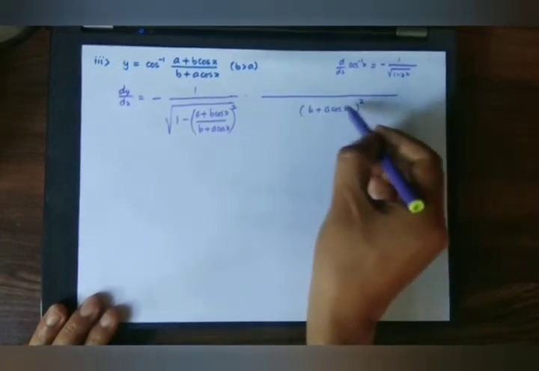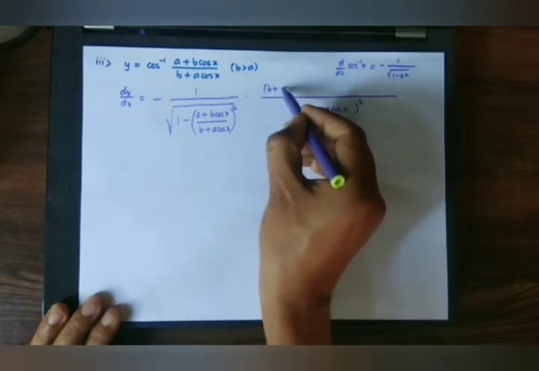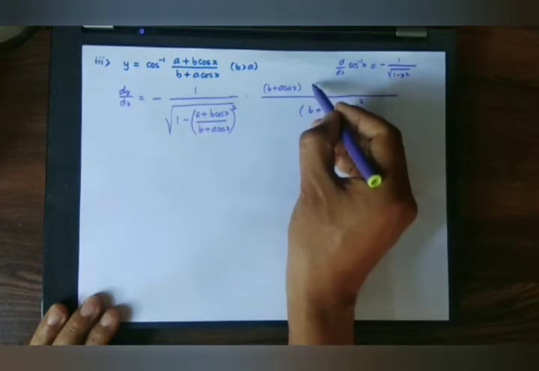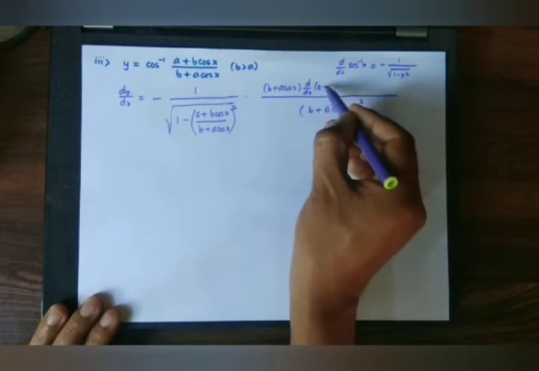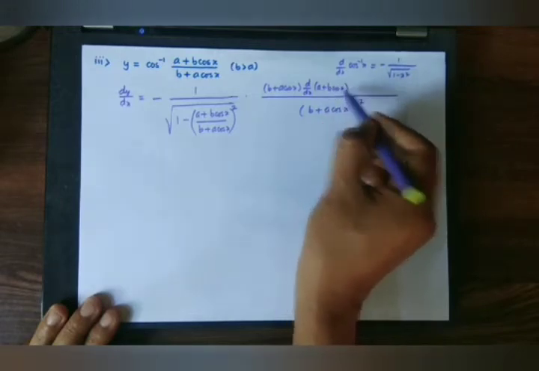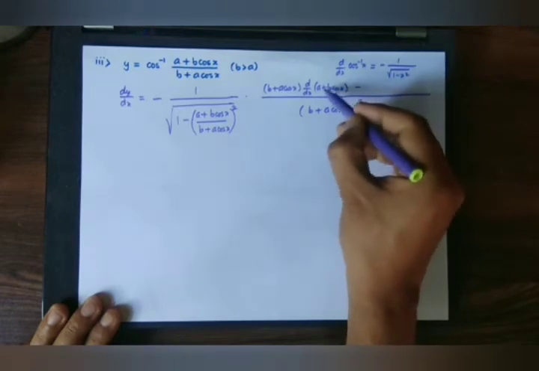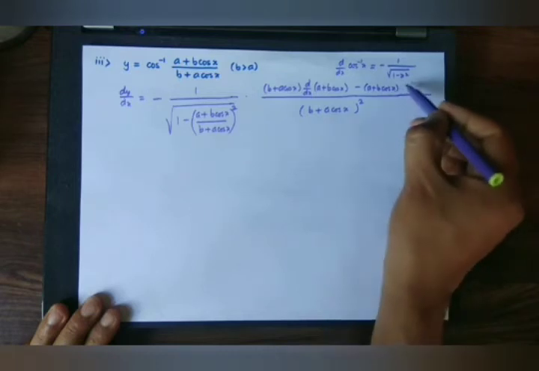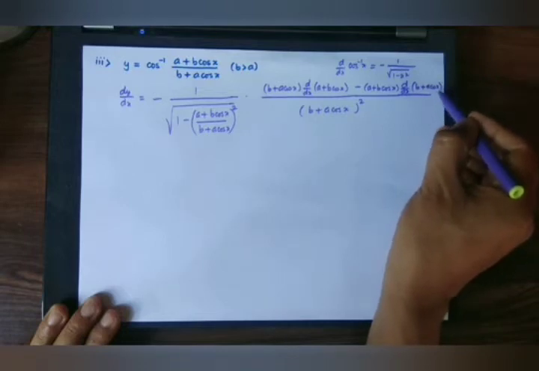Whichever was in the denominator will be kept as it is, that is g will be kept as it is. Now we need to differentiate the numerator, that is d by dx of a plus b cos x. Now we'll put a negative sign. Now we'll reverse the process: a plus b cos x will be kept as it is, and we need to differentiate the denominator, that is b plus a cos x.